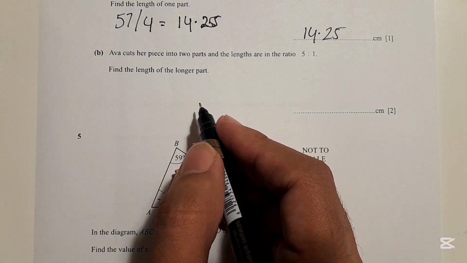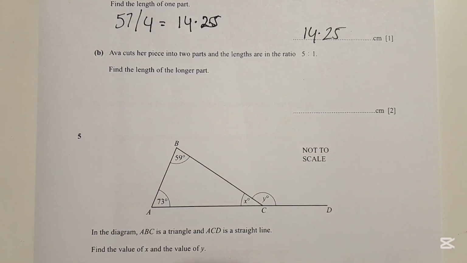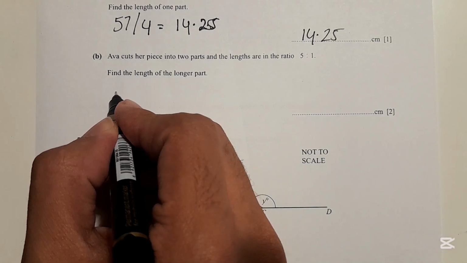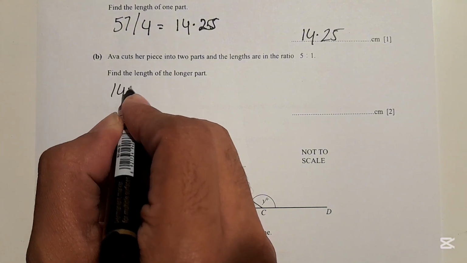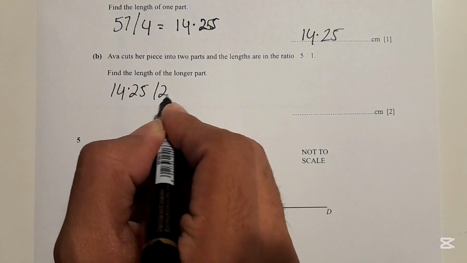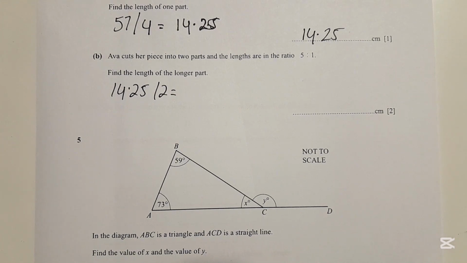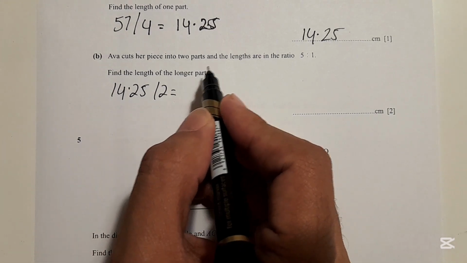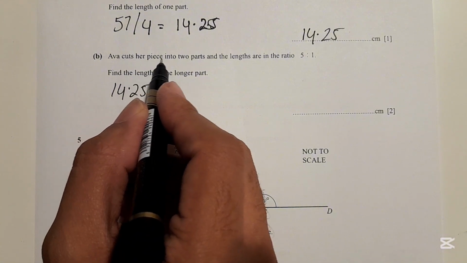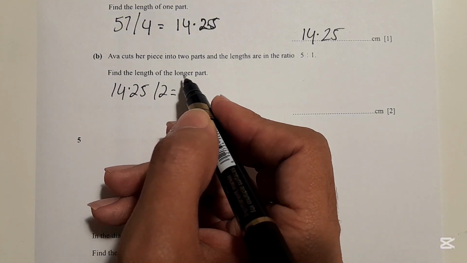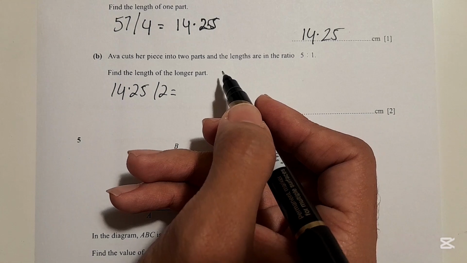So she cuts her piece into two parts and the lengths are in the ratio 5 to 1.